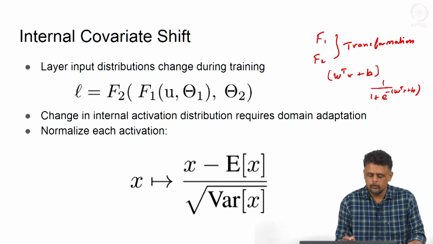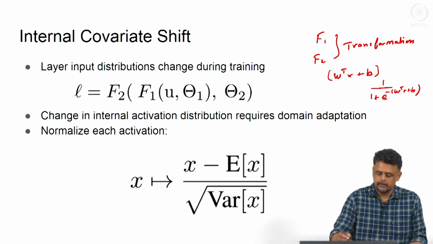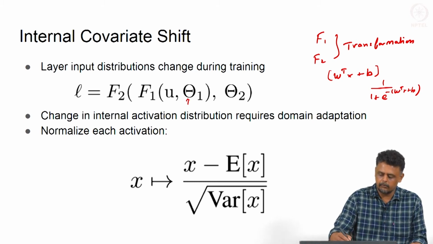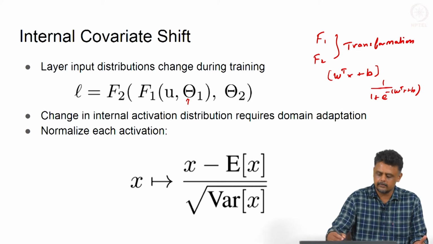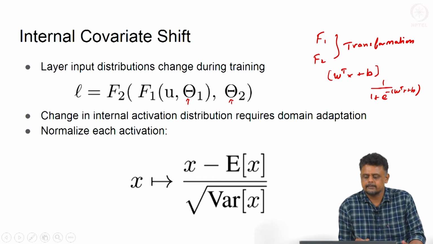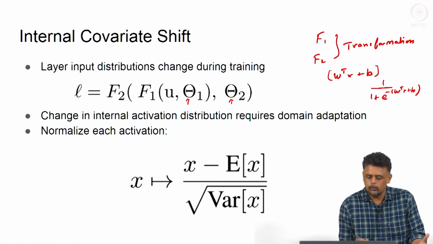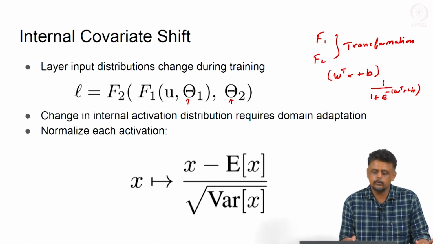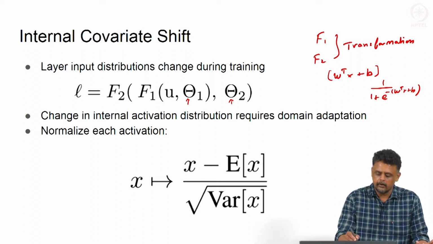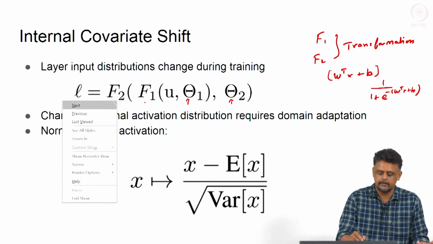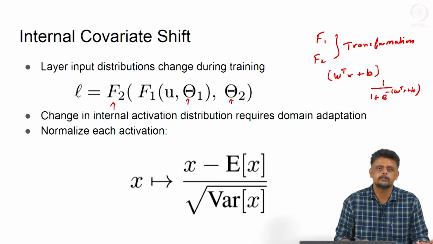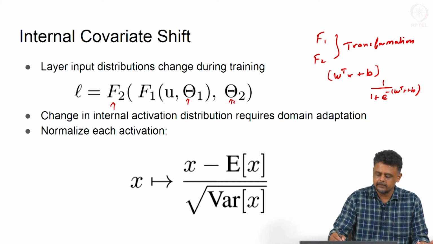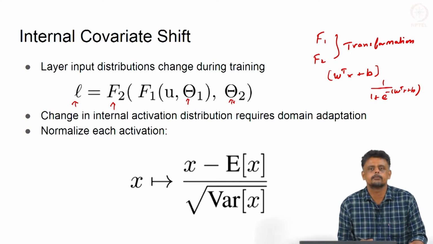If you have two layers in succession, each layer characterized by parameters theta, which are nothing but the weights, say theta 1 for the first and theta 2 for the second, then as theta 1 and theta 2 keep changing, if theta 1 changes, F1 changes, so the input to F2 changes. If theta 2 changes, then F2 itself changes, and so L changes.